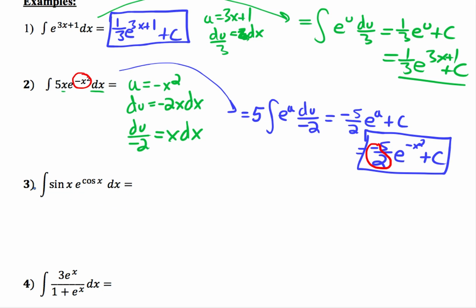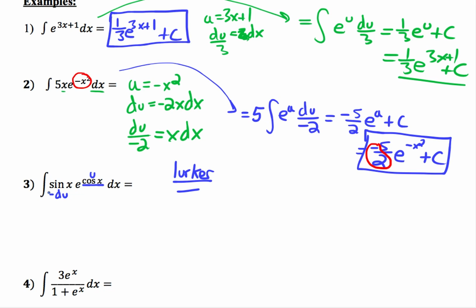I think number 3 is another great example of where the Zen method could be applied. If you also like to think about lurking, this is what I like to call a lurker. It's because if I make this u, du is lurking right there, isn't it? Well, I should say negative du. If u is cosine, the derivative of cosine is negative sine.